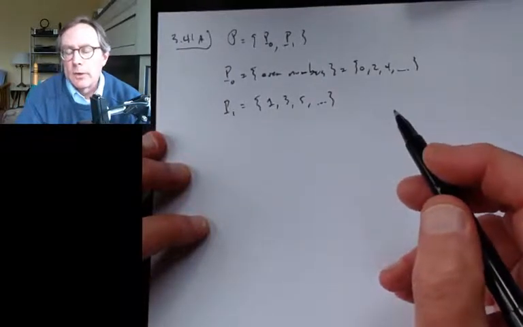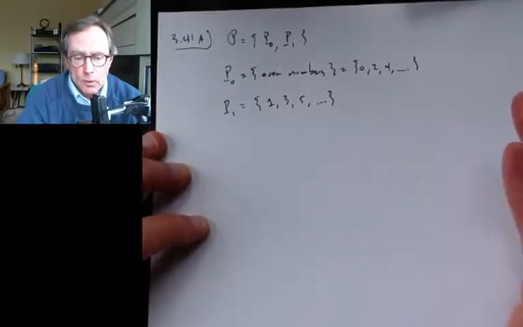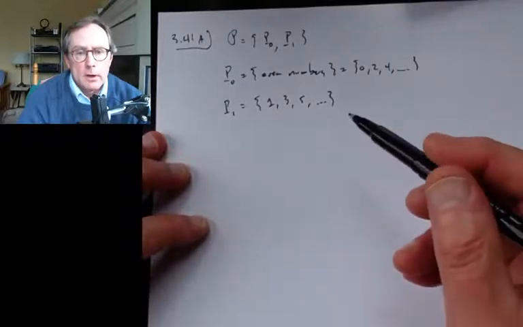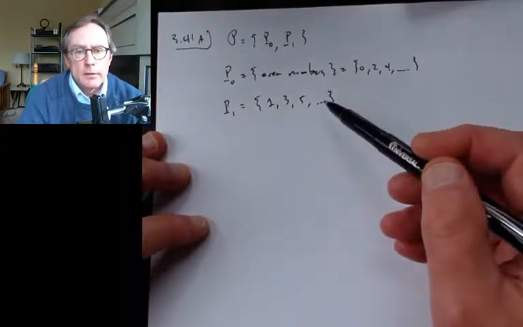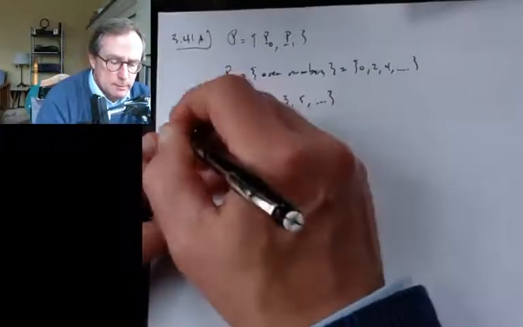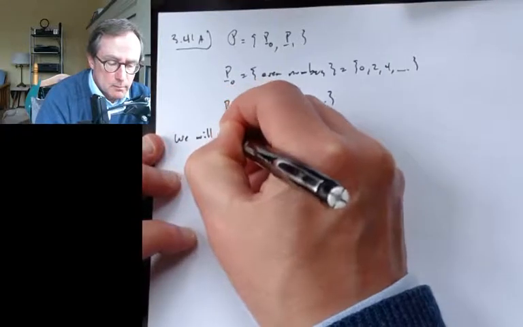I have to show that the union of the Pi's is all of the naturals, and I have to show that if they are not equal, then they have zero overlap. So we must show three things.